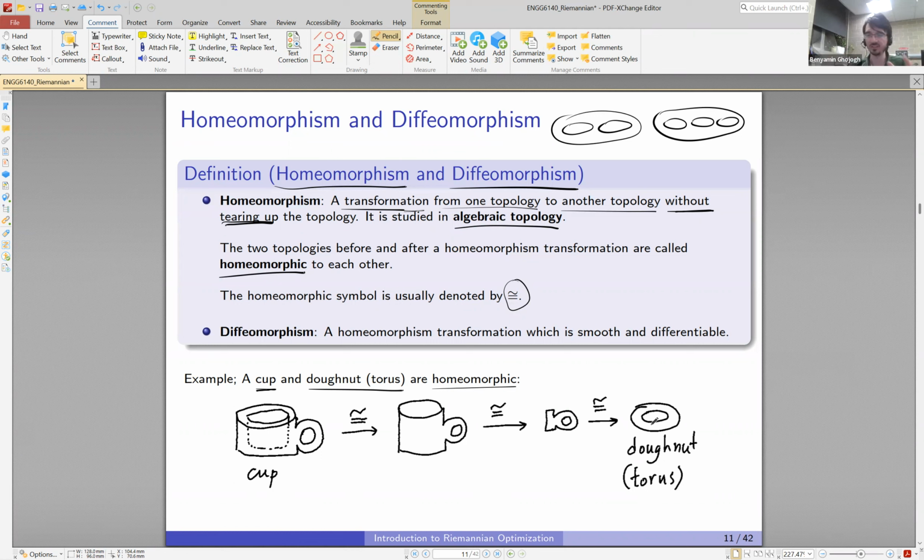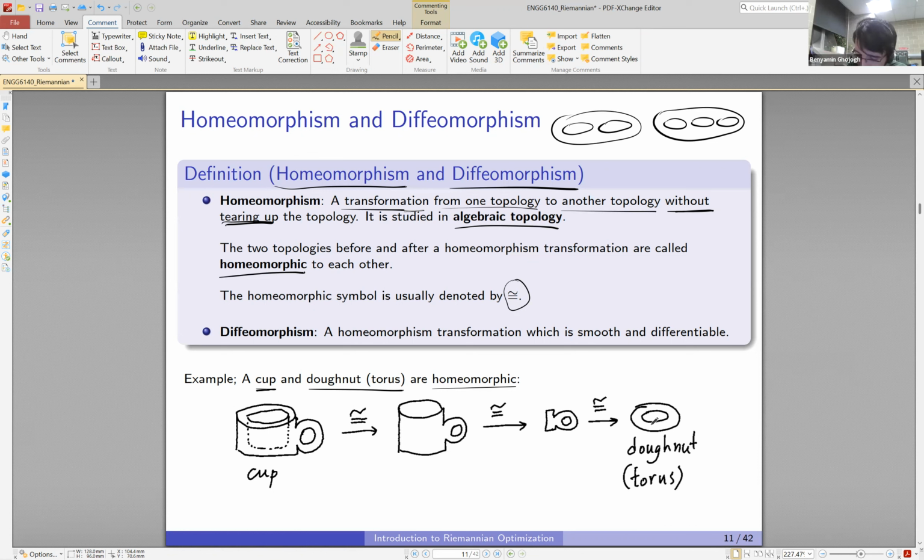For example, it's like a ball, but I tear it up, so I add a hole in the middle of the ball and it becomes like a donut. So I know that a ball and a donut are not homeomorphic to each other. Why? Because I can't deform a ball to become a donut without making a hole in the middle of it and tearing it up. Okay. However, cup and donut are homeomorphic.